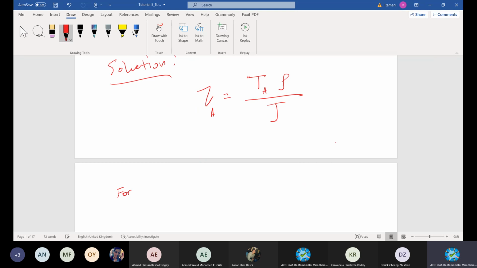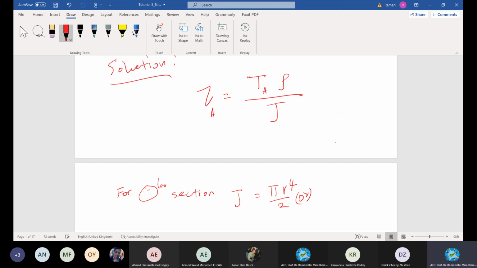For a circular section, the polar moment of inertia J is given by pi r power 4 over 2 after all cancellation.